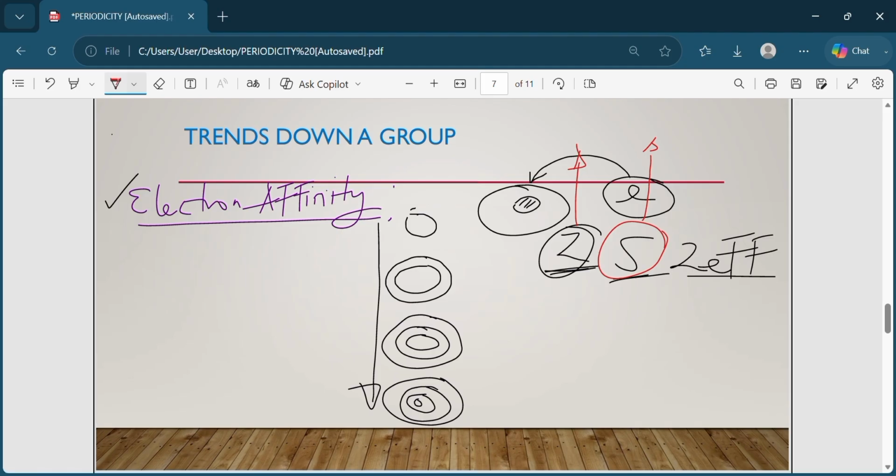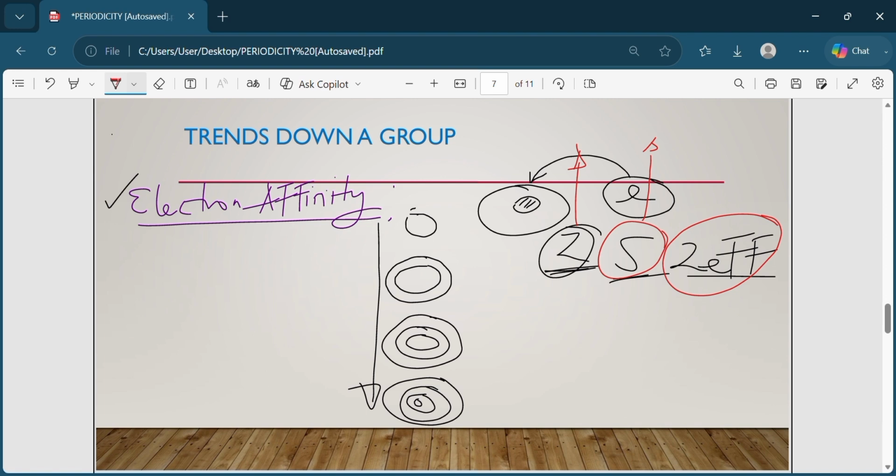There are so many, literally. So what happens to our effective nuclear charge? That is something I need someone to look into and understand deeply.